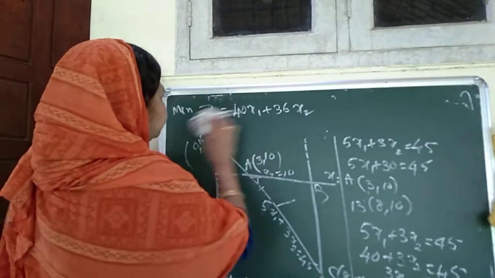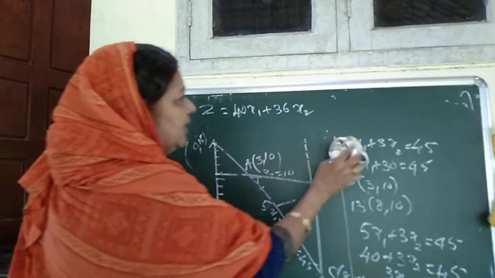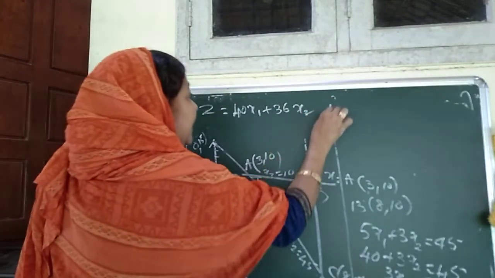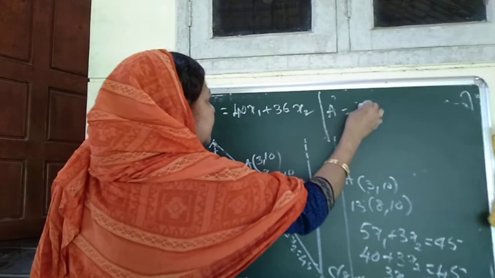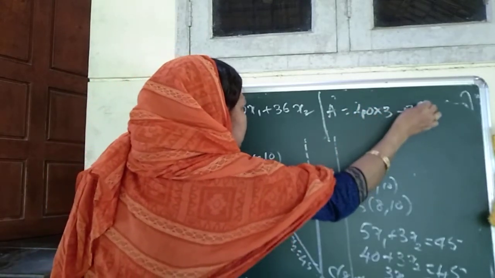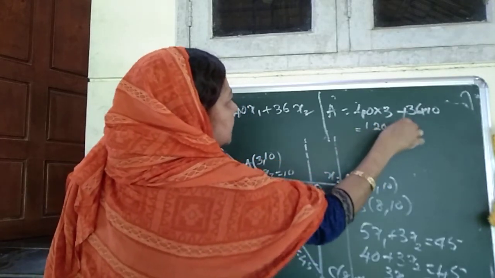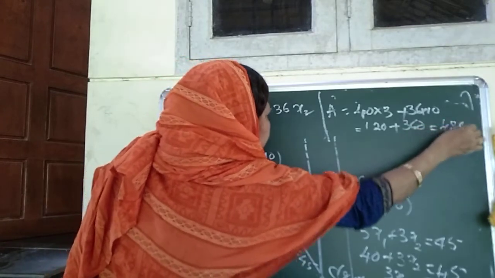Then we can find for which point this function has the optimum value. At A, z equal to 40 into 3 plus 36 into 10. That is 120 plus 360 gives 480.